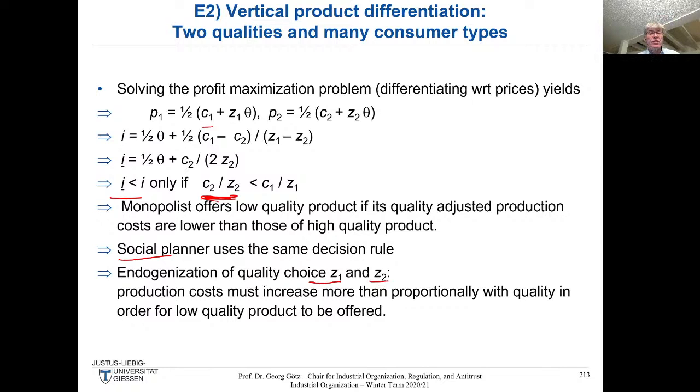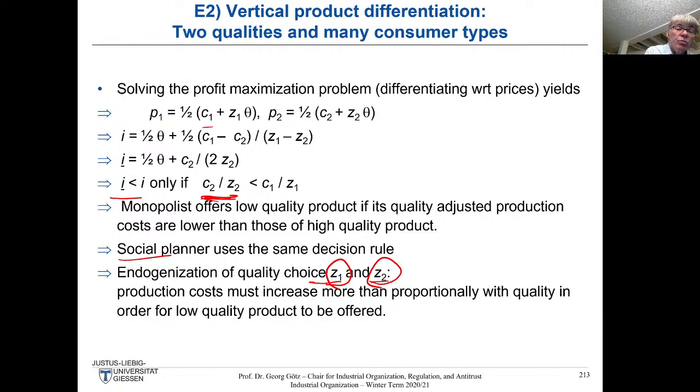So for instance, like what we did in economics of innovation, suppose our low quality Z2 is some base quality level which we normalize to 0, and the firm could produce a higher quality by investing in some research and development cost, and would then increase the quality level Z1. The question is, under what circumstance would our firm produce two different qualities?